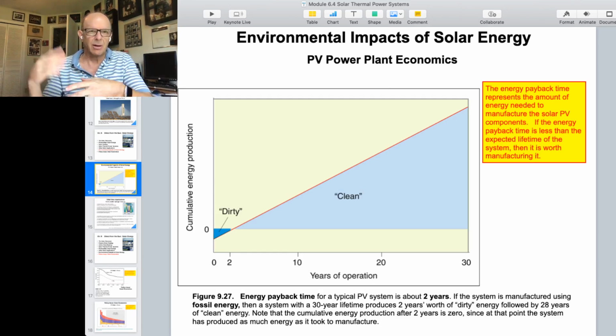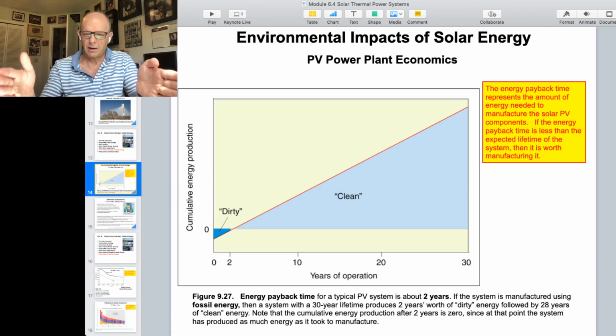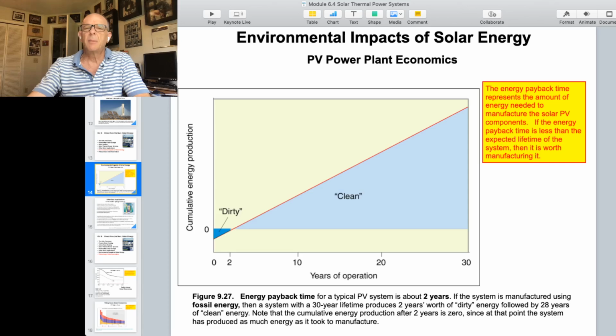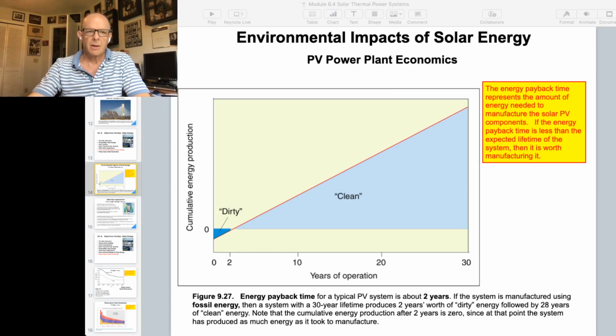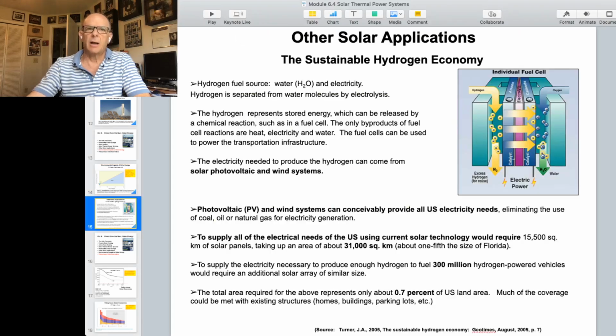So if we were imagining that we get all of our energy from solar photovoltaic, and I just started with only solar photovoltaic, I can take the energy from them to make more of those panels, and I will still have energy left over. So the payback time, based on the data from when your book was published a few years ago, was about 2 years. So that's a sanity check.